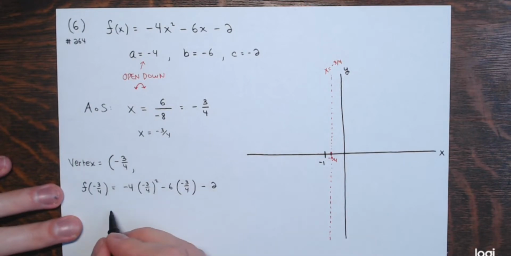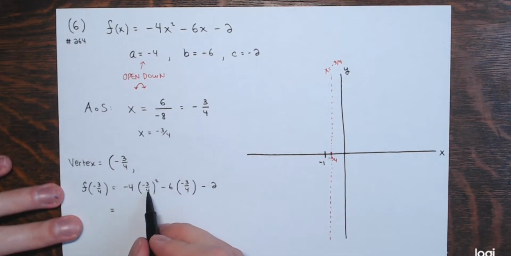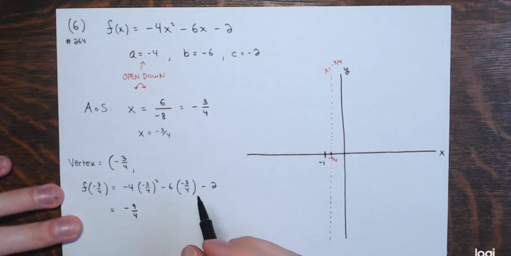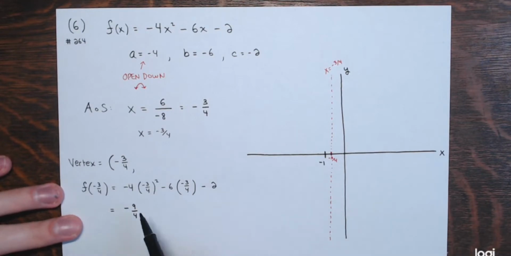This would be 9/16, but times negative 4 would reduce to negative 9/4 for the first term. I'm just going to keep everything with a denominator of 4. You can't add or subtract numbers unless they have the same denominator. So negative 9/4, and then negative times negative would be positive 18/4.